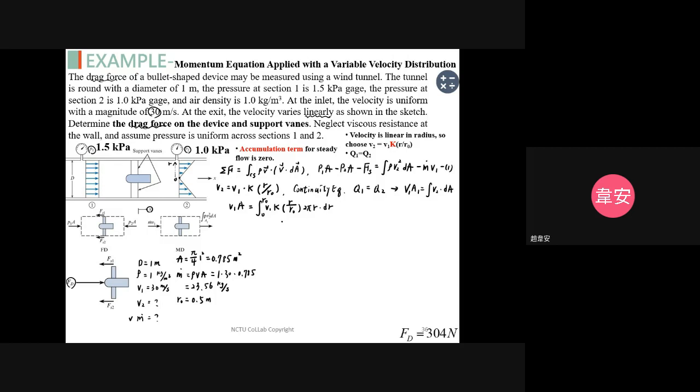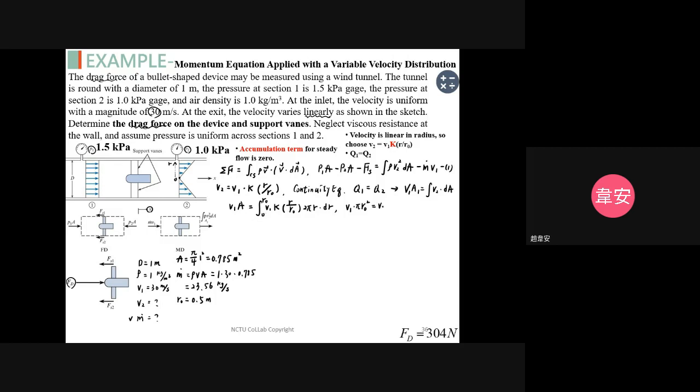Okay, so we reorganize the equations. We have V1 here, and A is pi R0 squared, and this is equal to, we move the constants outside the integration.